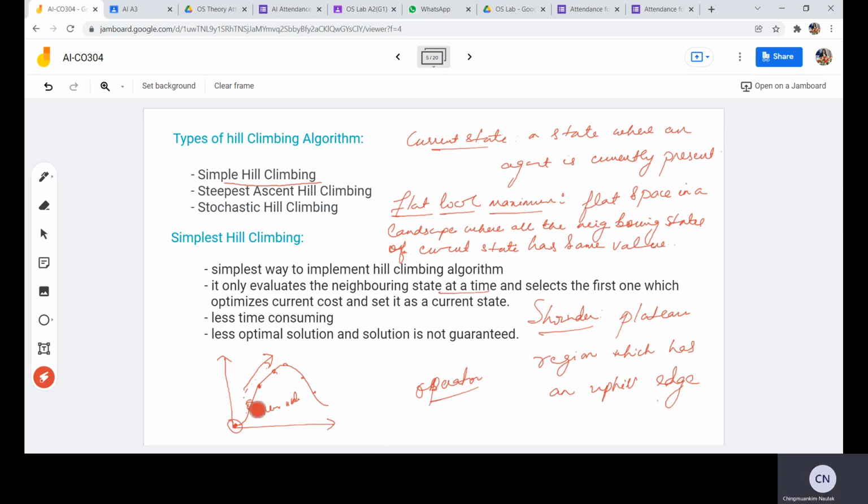And if I don't find that the neighboring state is better than the previous one, then I'll remain in the same state. You're going to keep on doing this, and you're going to terminate when, as you have just said now, when are you going to terminate?